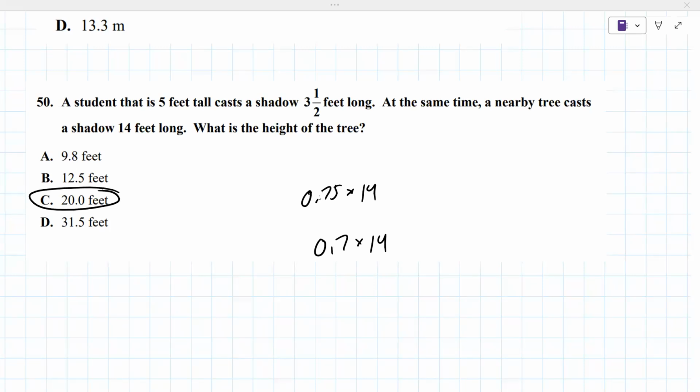another inequality here for you to look at.